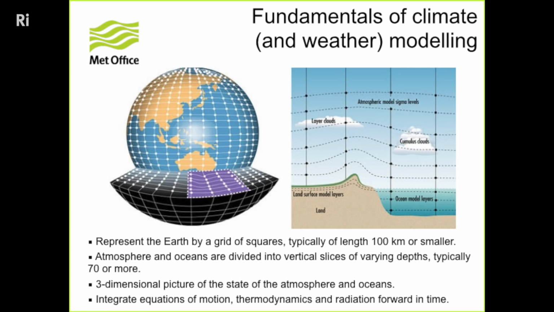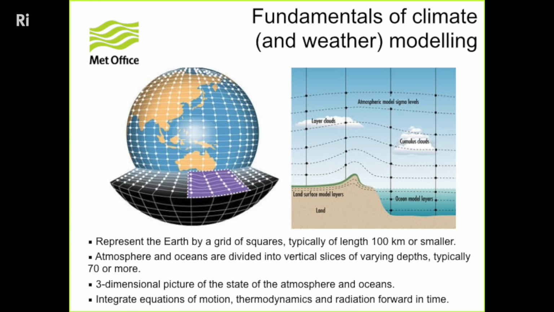We do the same thing for the oceans. So you have a grid, a set of volumes taking in the whole atmosphere and the oceans, and we do some clever things with the land surface as well. And then we basically take those equations from classical physics that I talked about, and we solve them on that grid.